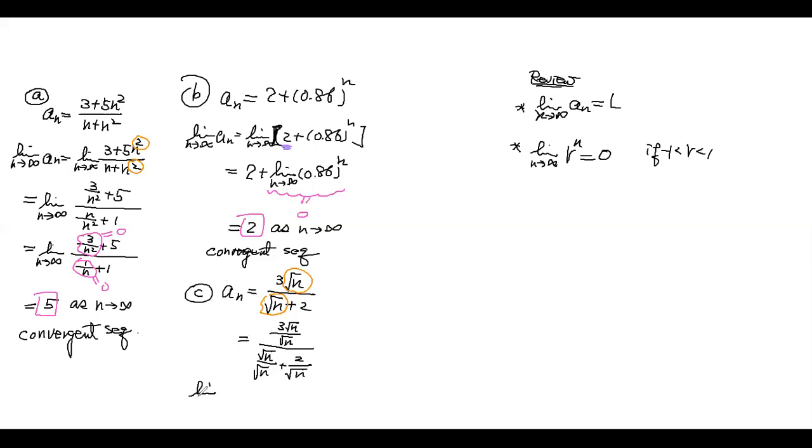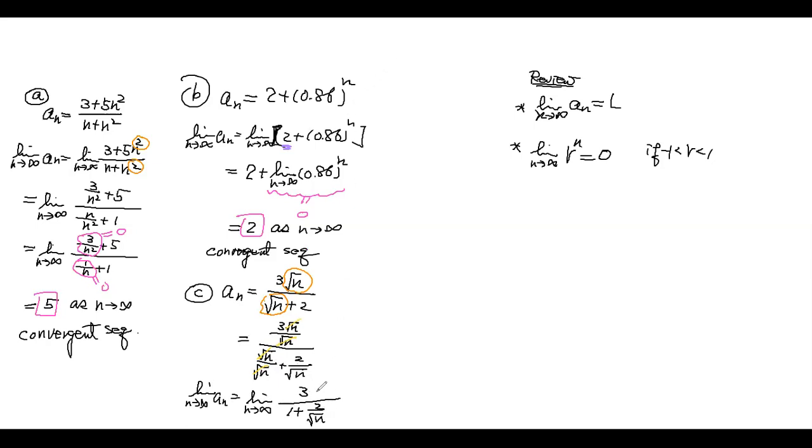Then the limit as n approaches infinity of a_n is equal to the limit as n approaches infinity of this number, and let's simplify it a little bit. The square roots of n cancel. So the top is going to be 3, and the bottom is 1 plus 2 over the square root of n.